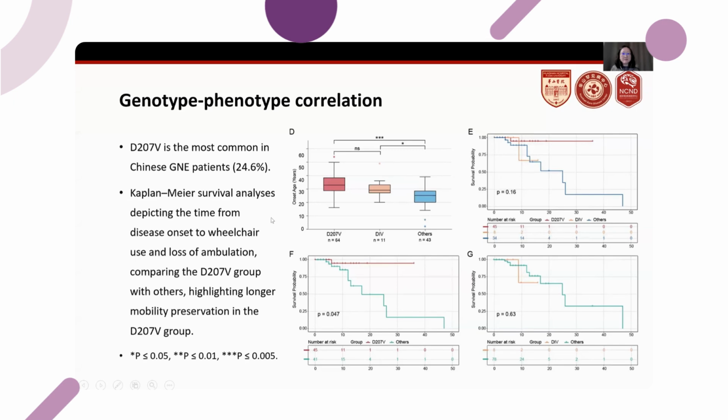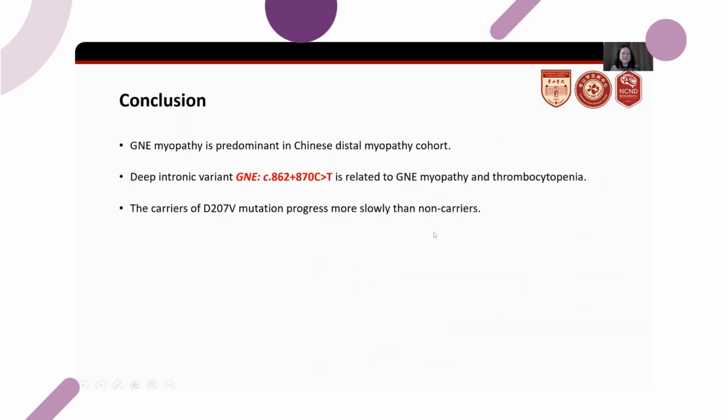The Kaplan-Meier survival analysis revealed that patients with D207V have a milder phenotype. Those patients harboring at least one copy of D207V will remain ambulant even in their late years, while for the DIV patients and the other patients, the natural history is quite the same as in other countries.